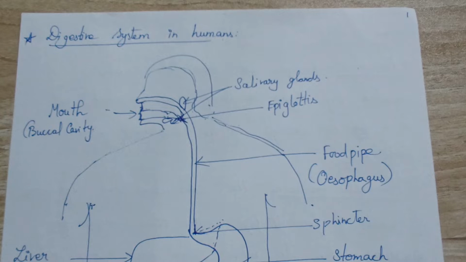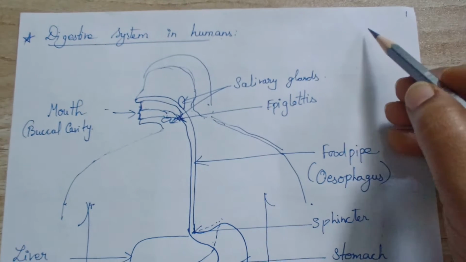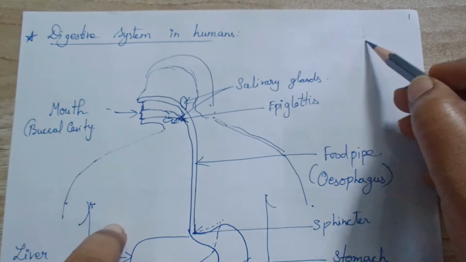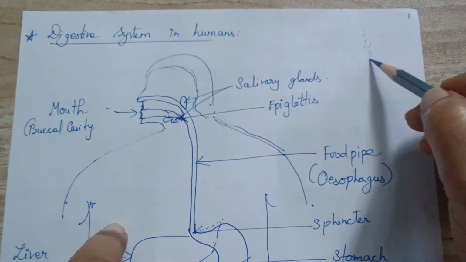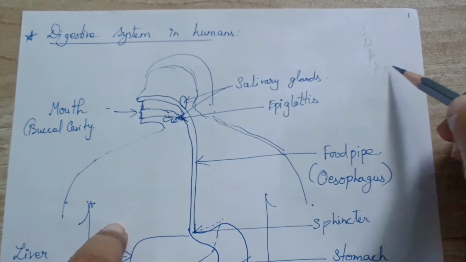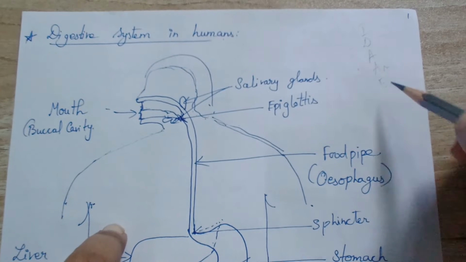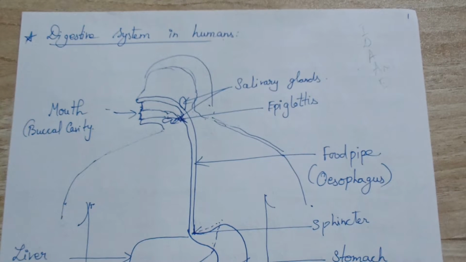Next, holozoic nutrition is a mode of nutrition in which five processes are involved, right? What are those five processes? Ingestion, digestion, absorption, assimilation, and egestion. So all these five processes are involved in holozoic nutrition.